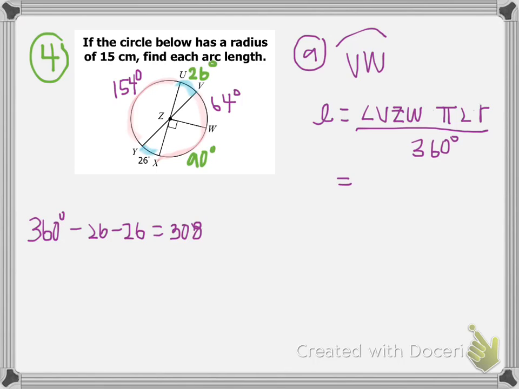So that's going to be 64 times pi times 2 times 15 all over 360.